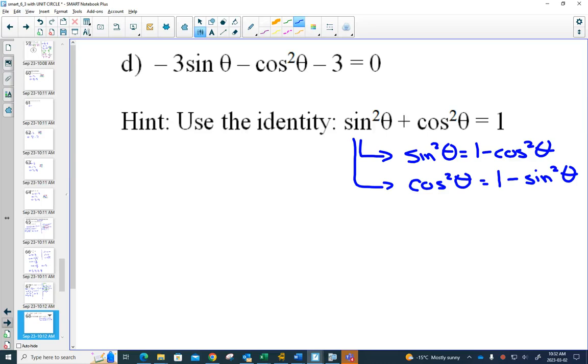And what this allows us to do is take our original equation, which was negative 3 sine theta minus, now I'm going to put a big set of brackets, minus 3 equals 0. Can you notice that I rewrote the equation, but I didn't write one thing. The one thing I didn't write was cos squared.